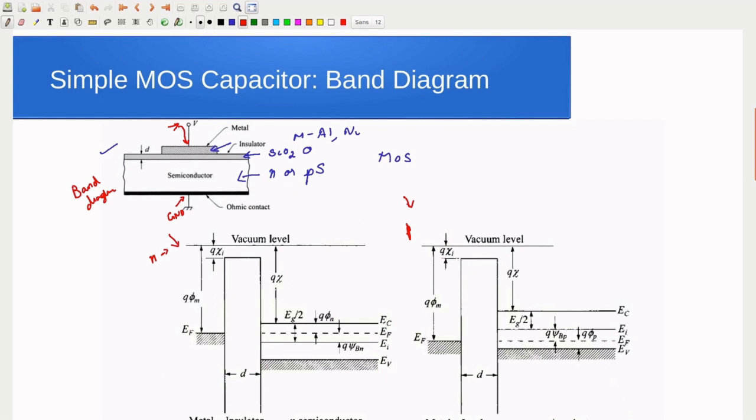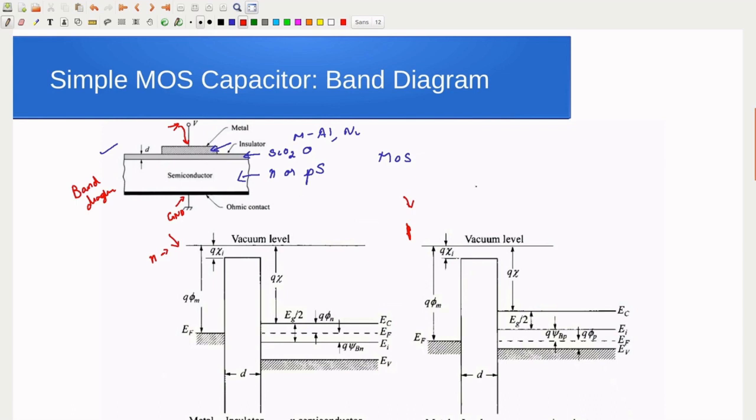As a convention that we are following, we will study one type of MOS in detail, which will help us to understand the other type as well. Now look into the band diagram of the P-type MOS.